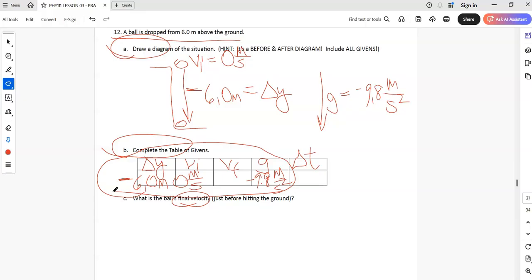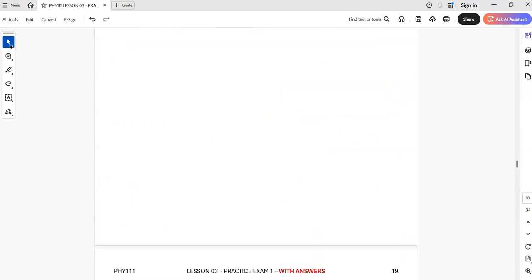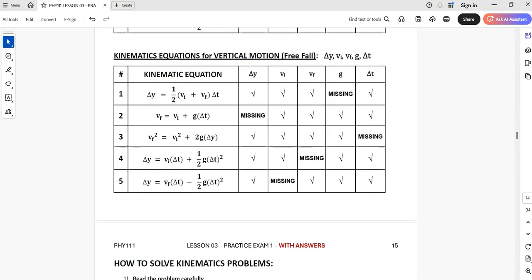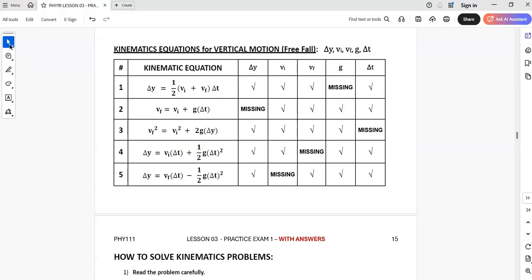So let's scroll up to our formulas to see which formula we're going to use. Remember, we need the first 4 variables. We don't need time. So if we scroll to our list of formulas, and we're looking at the vertical kinematics formulas, you'll notice that there's only one that is missing time, and that is equation number 3.